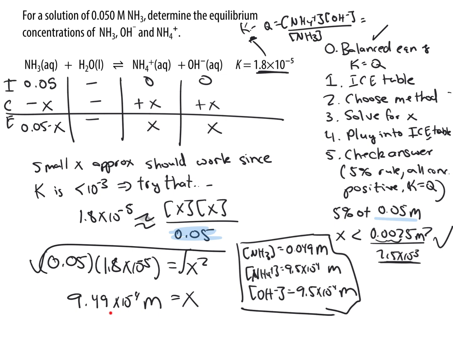OH minus is 9.5 times 10 to the minus 4, since those were just equal to x. And again, if we wanted to do one final check, we could plug into the K equals Q one final time to verify that we do, in fact, have the correct final concentrations. When I do that, I get Q is 1.83 times 10 to the minus 5, which does, in fact, match. So this solution works, and we have the equilibrium concentrations.